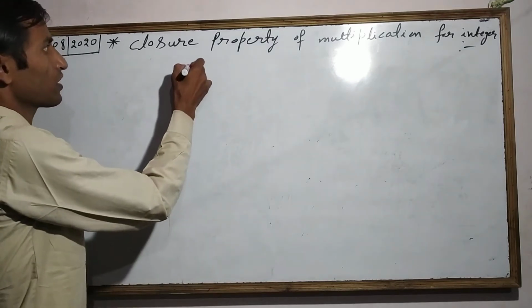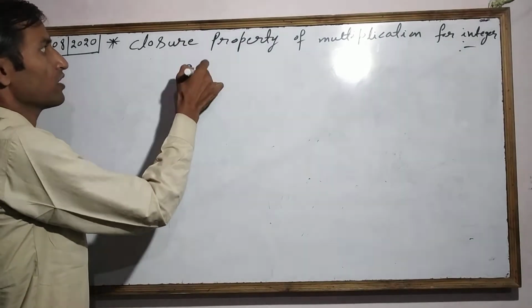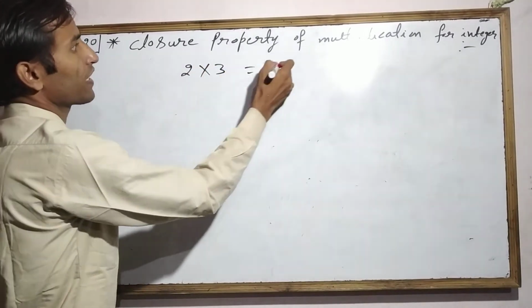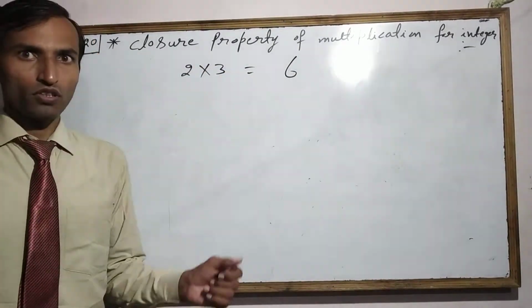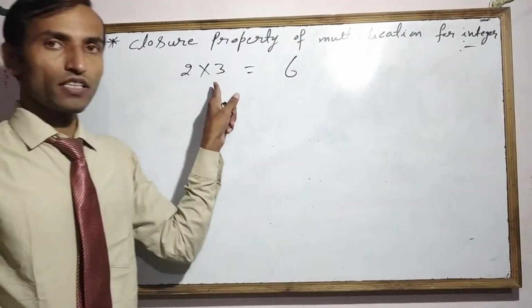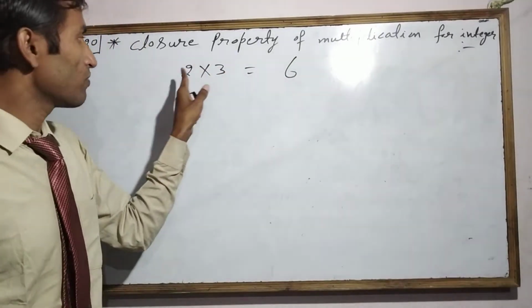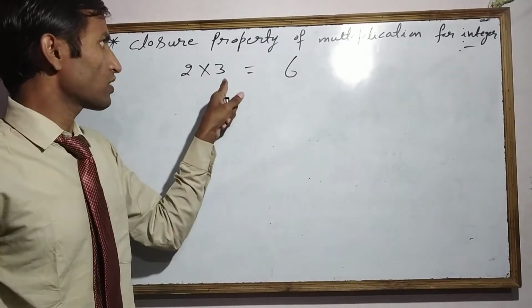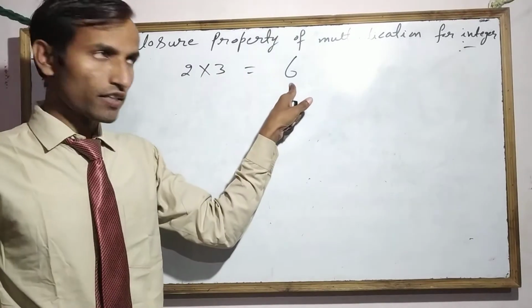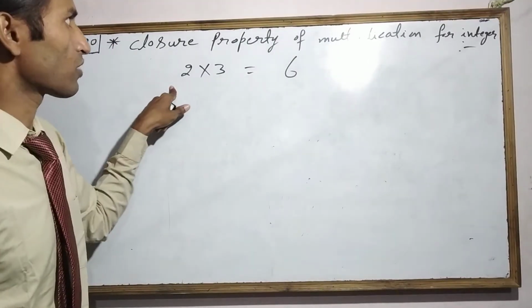If two integers are multiplied, 2 into 3, we get 6. 2 is an integer and 3 is an integer, and 6 is also an integer. So it follows the closure property.